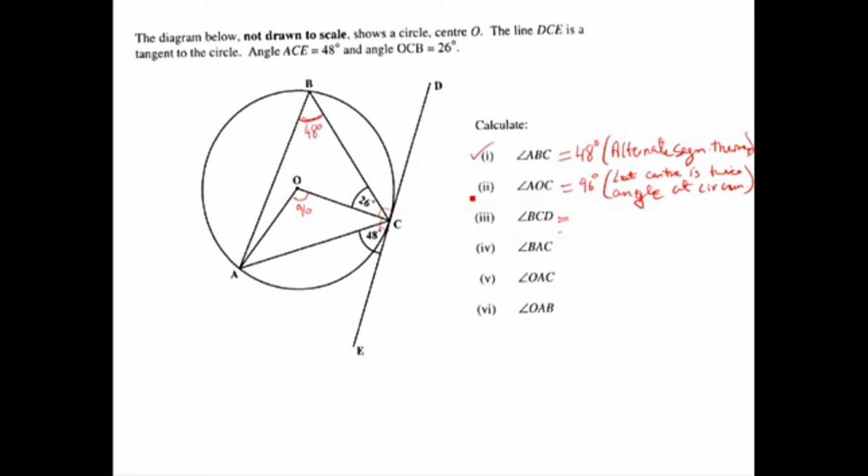Now angle BCD. We're going to find this angle here, B to C to D. We already established that this angle from the radius right down to the tangent is 90 degrees, because the total angle between a radius and a tangent is 90 degrees.